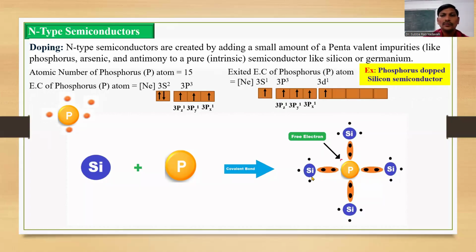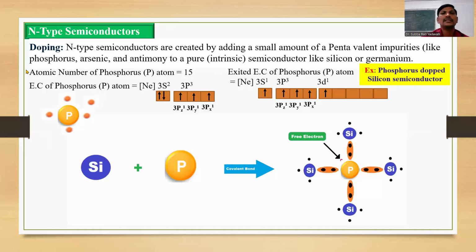That means 4 silicon atoms contribute 4 electrons and phosphorus contributes 4 electrons. Here they form the covalent bonds, and 1 free electron remains in the valence shell. This conducts the electricity. So the free electron present in the valency of the phosphorus doped silicon semiconductor conducts the electricity.